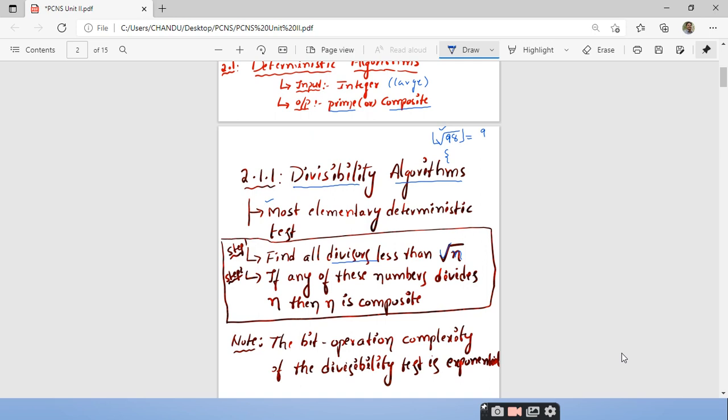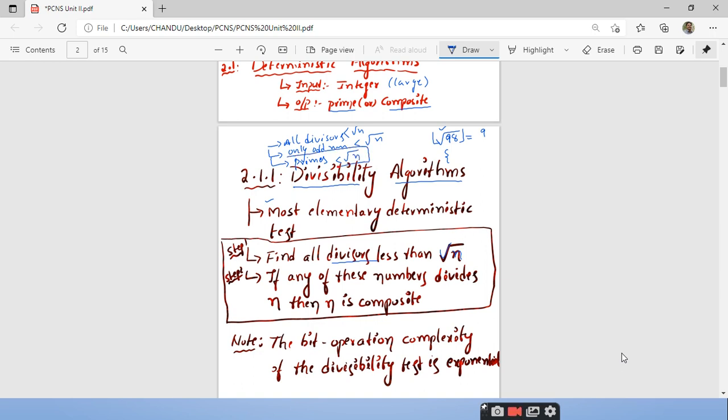Initially they took all divisors smaller than the square root of n, but later they improved it by testing only odd numbers less than the square root of n. Then they improved it again, saying that we can consider only the primes less than the square root of n.